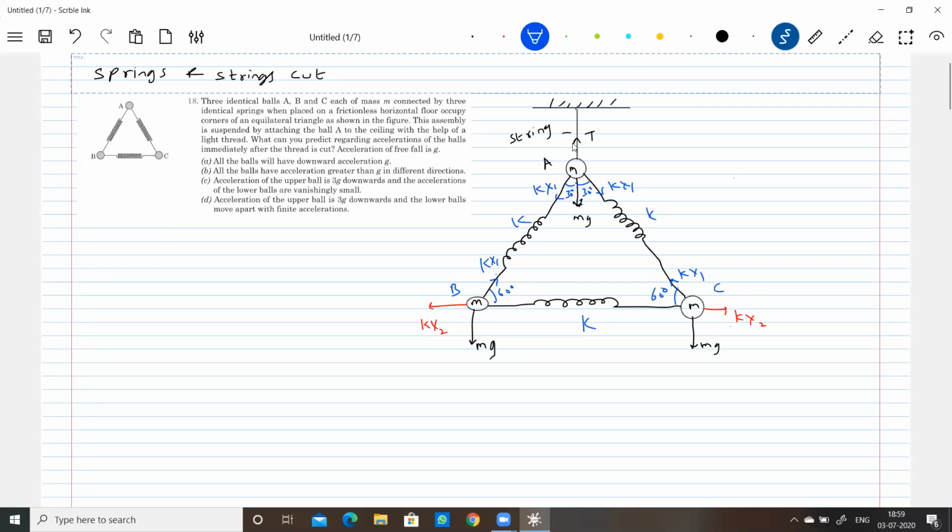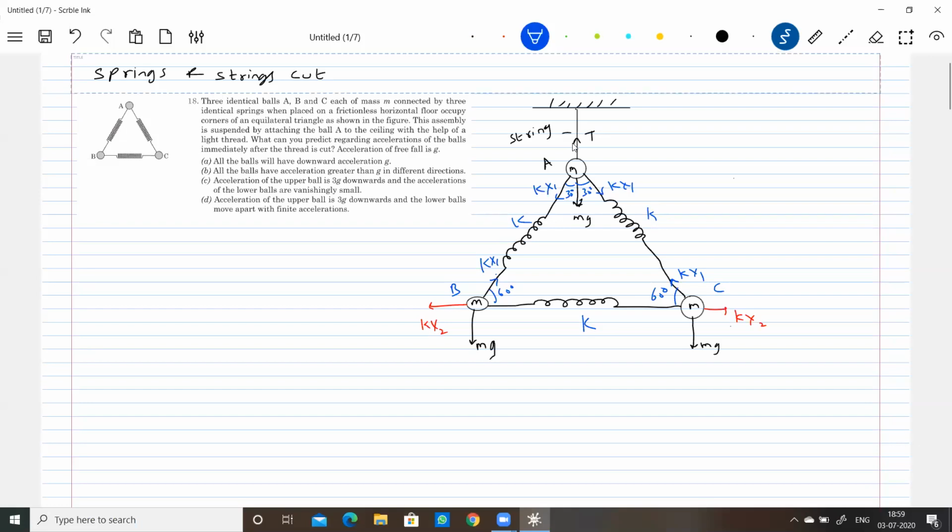I understood it like this. I don't know how you understood, but I understood like this. Okay, now let's assume that there's a 60 degree angle. I'm going to cut it. Before cutting, we should get all the forces acting. How to get the forces? Who will balance the weight?